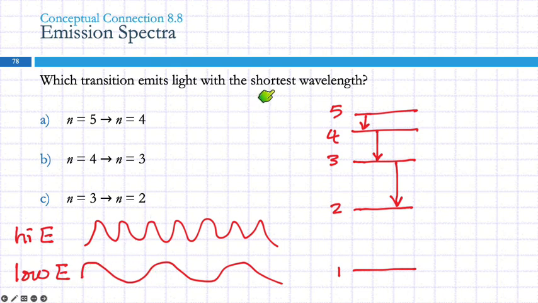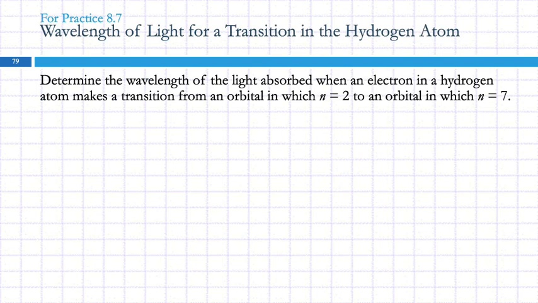So if we're looking for the shortest wavelength, we're looking for the highest energy, which would be 3 to 2. And you'll get to practice that on the worksheet as well.